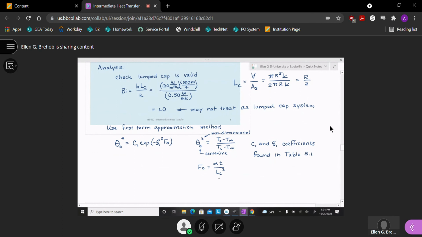I'm putting LC in here for now because we're going to use the Fourier number for walls and then for cylinders and spheres. Okay, but in our case, for this cylinder, LC is going to be the outer radius.